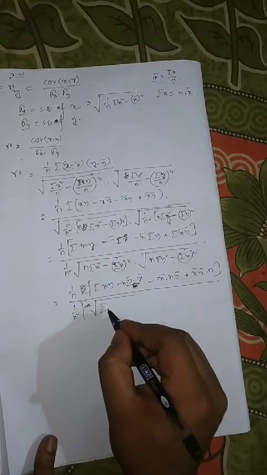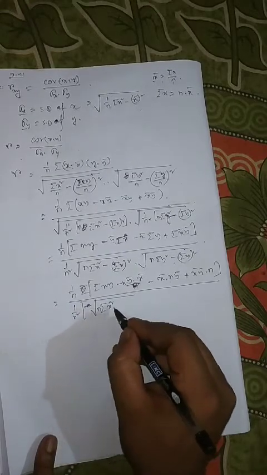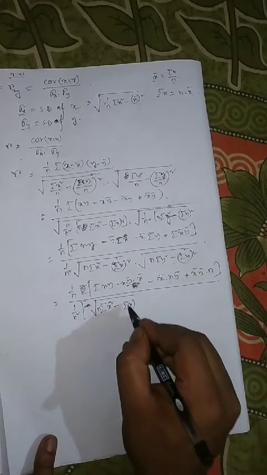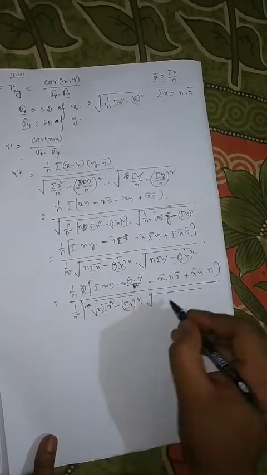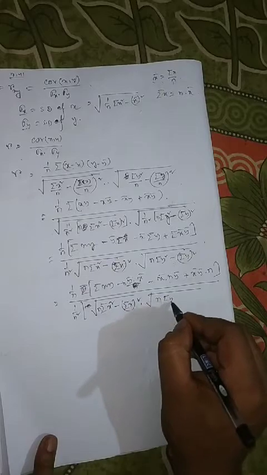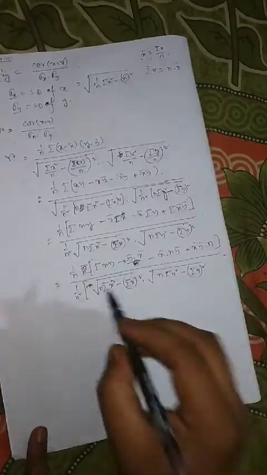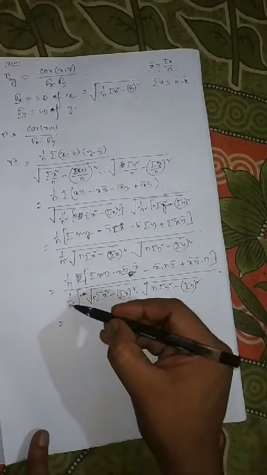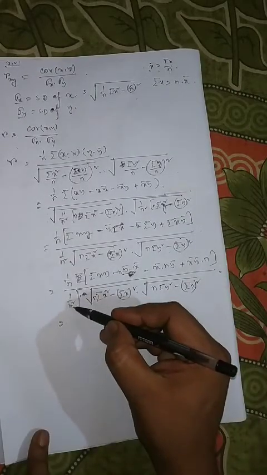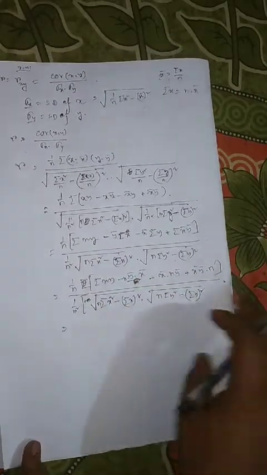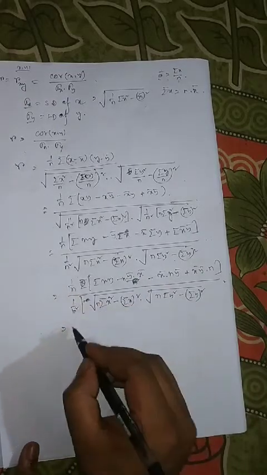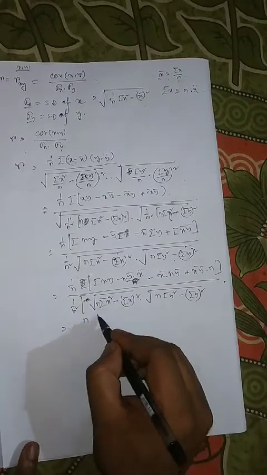Root under n into summation x square minus summation x whole square, into root under n into summation y square minus summation y whole square. If we take this n square in the upper part, n square by n will give only n.